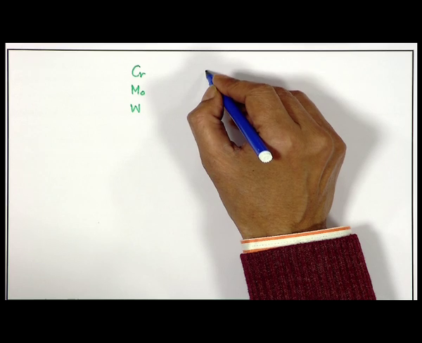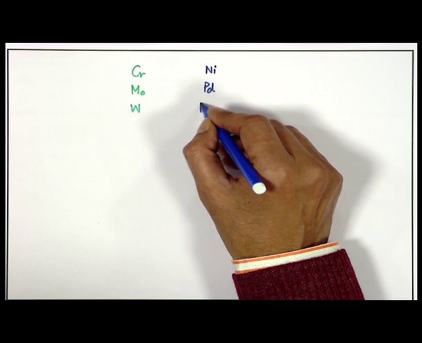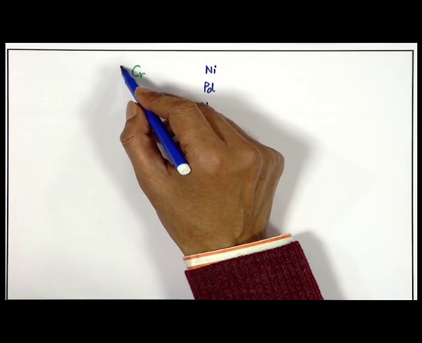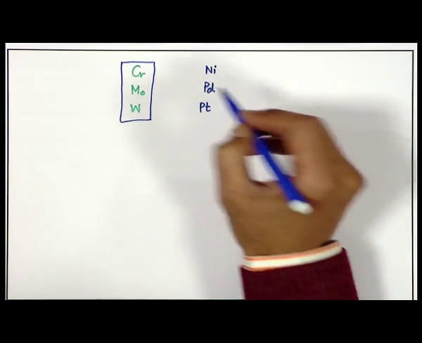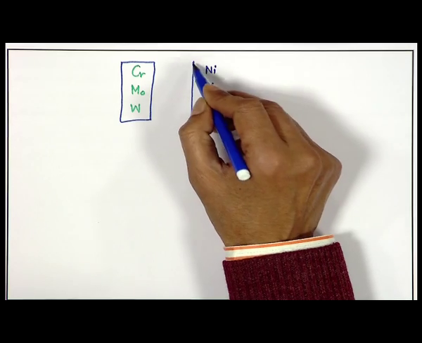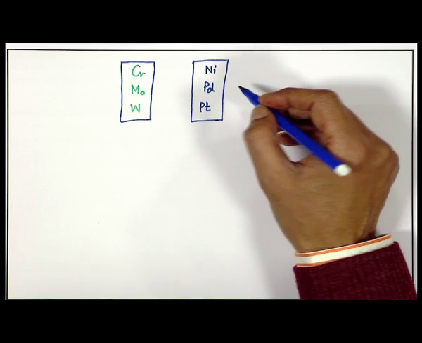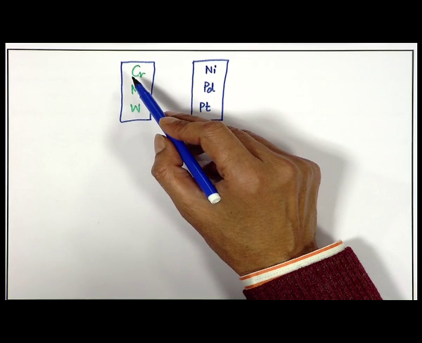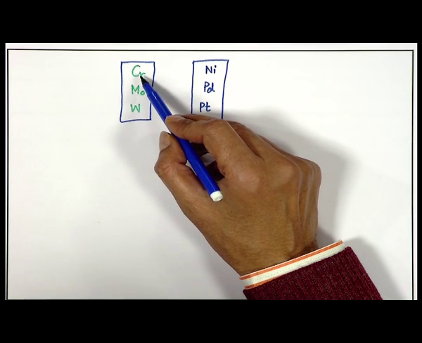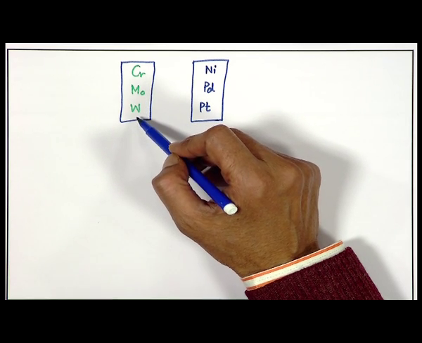Then we can have nickel, palladium and platinum. So, the d electron configurations are all the same for a particular oxidation state. The only thing is that the nuclear charge is increasing, and their corresponding size is also increasing. So, how quickly can we reach hexavalent chromium, hexavalent molybdenum and hexavalent tungsten.